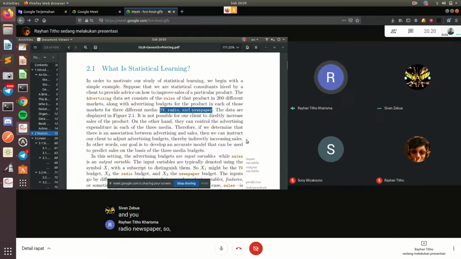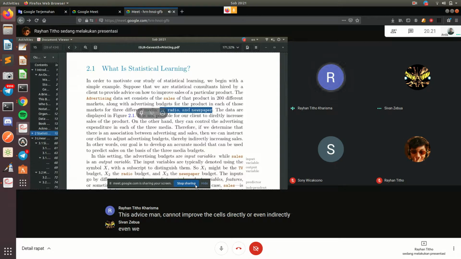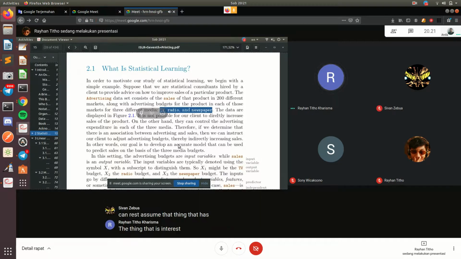We know the company can direct this advertisement, but we cannot ensure that it can improve the sales directly or even indirectly. But we can control the money that we spend on the advertisement, so we can rest assured that what we invest in certain media is the most efficient investment.